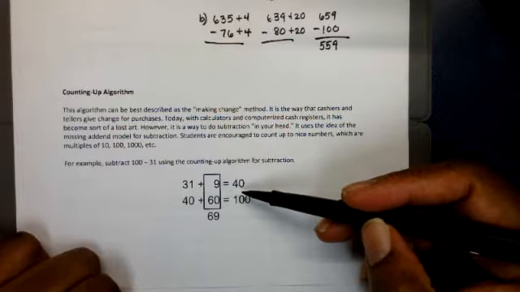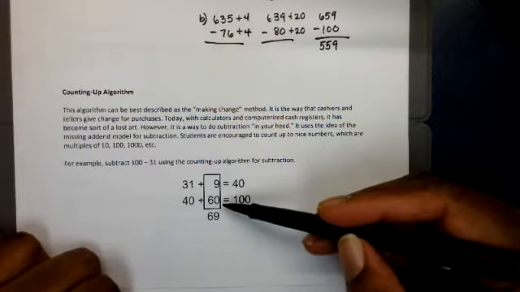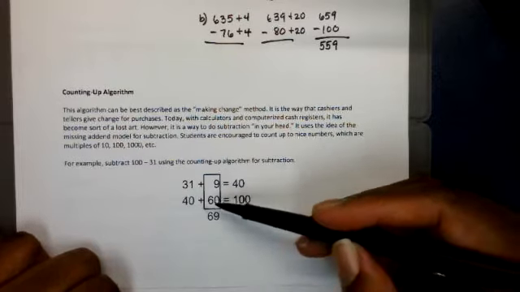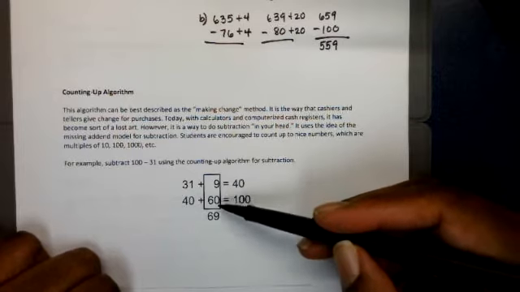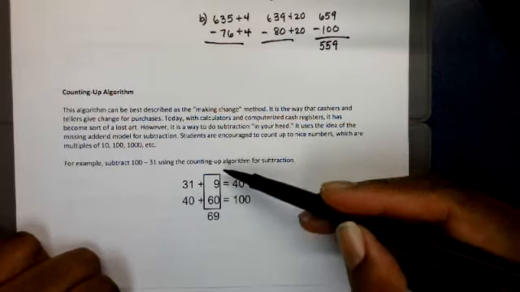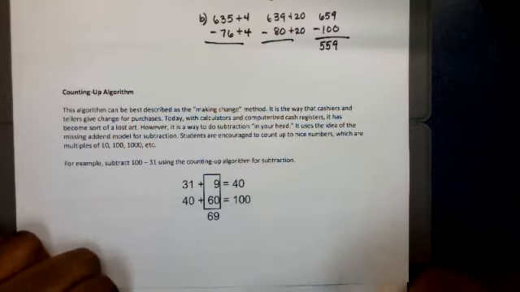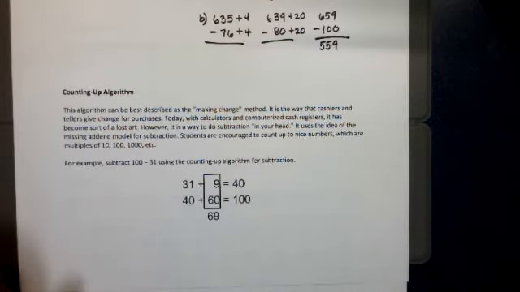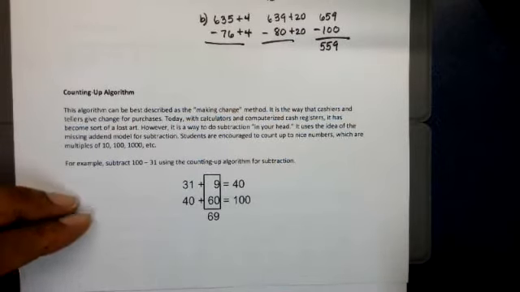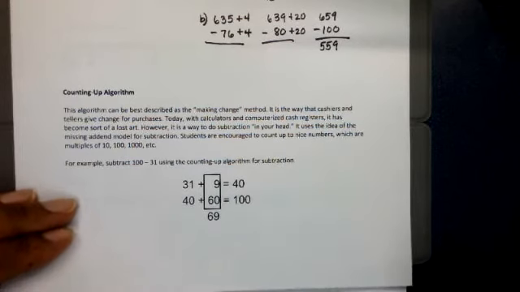And then 40 is 60 away from 100. Let's add 60 to the 40. That would give us 100. Now, these two numbers in this box, add those two, 60 and 9 together will give you 69. So that means 100 minus 31 would be 69.